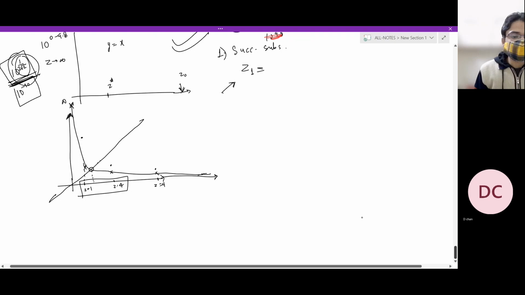Let's say z equals 1 and z equals 2. At z equals 1, this value will be 1, because this is simply y equal to x, and let's call this x now.